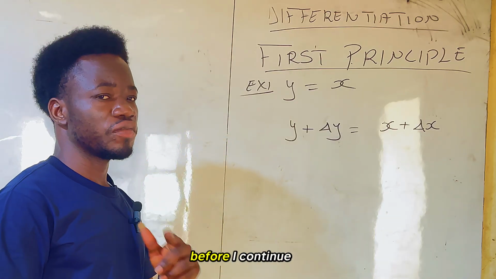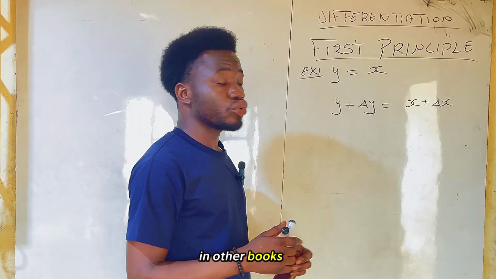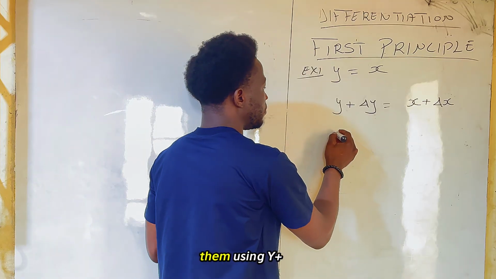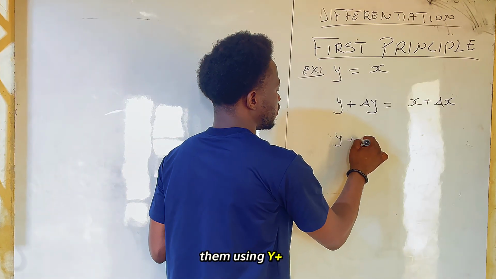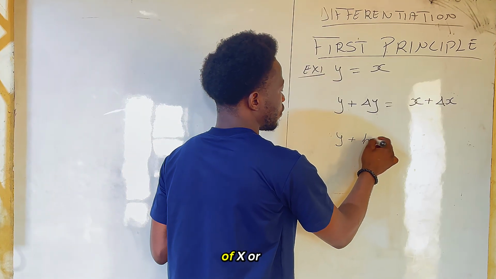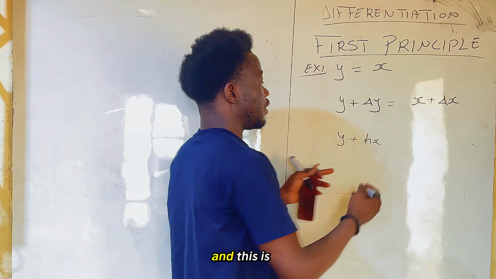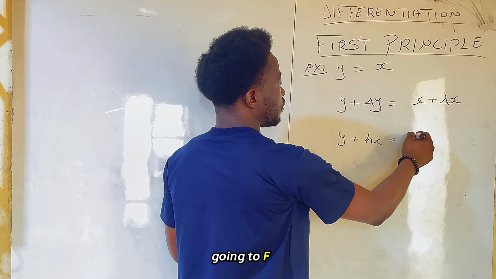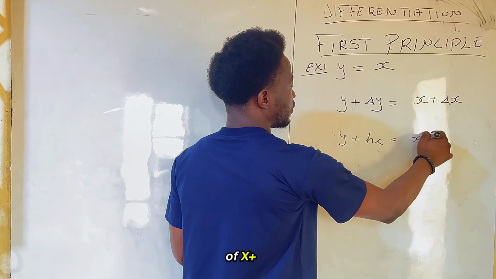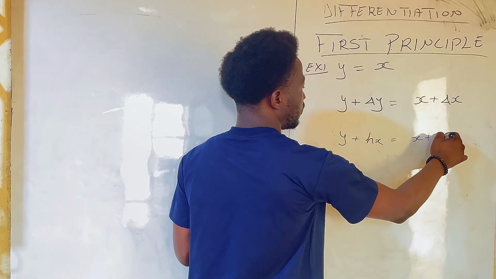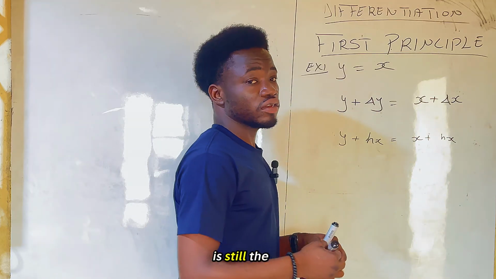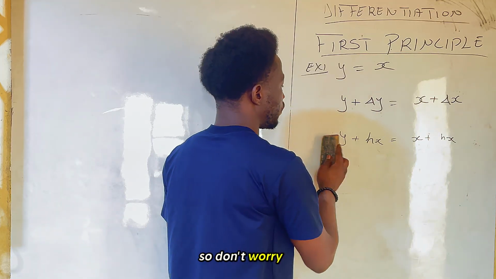Now notice this before I continue. In other books, you may see them using y plus h of x, and this is going to be equal to f of x plus h of x. It's still the same thing, so don't worry to see that.